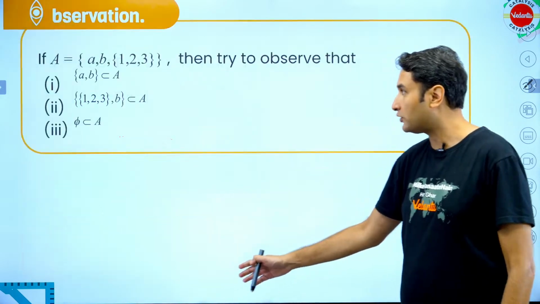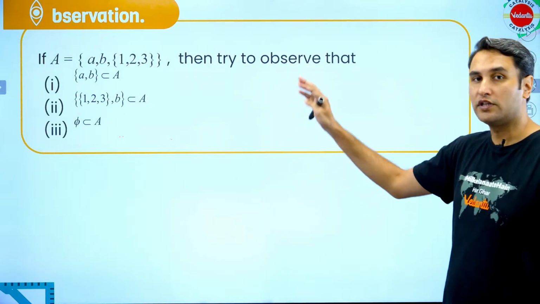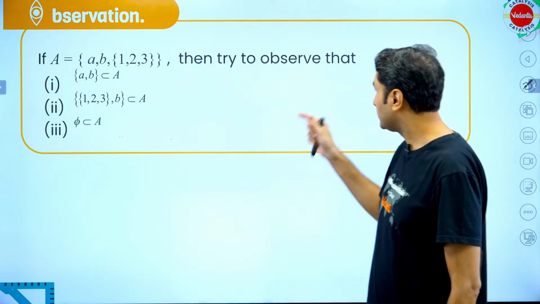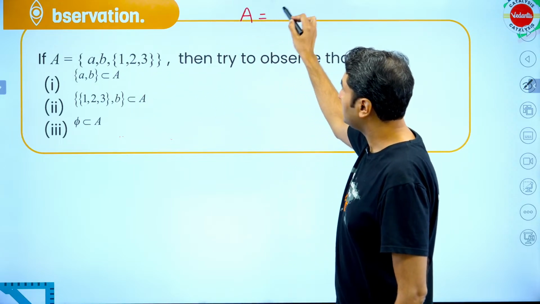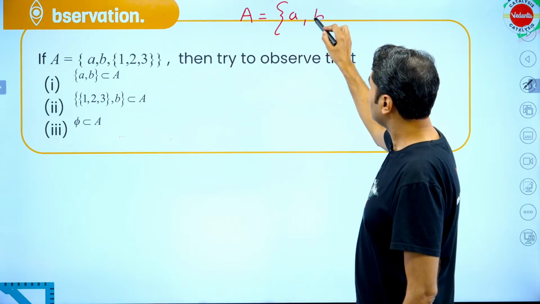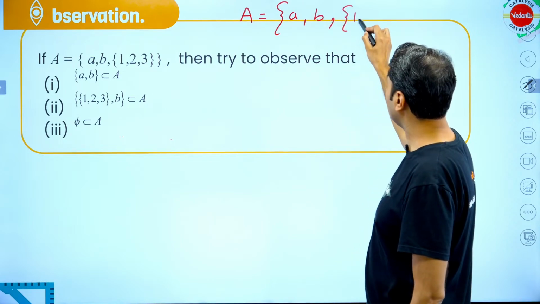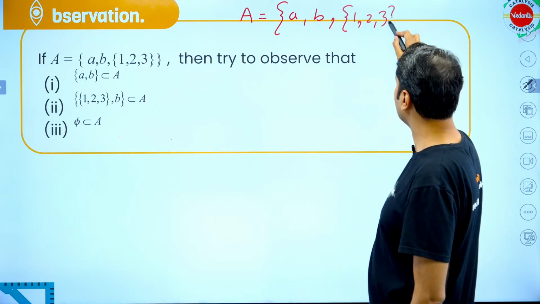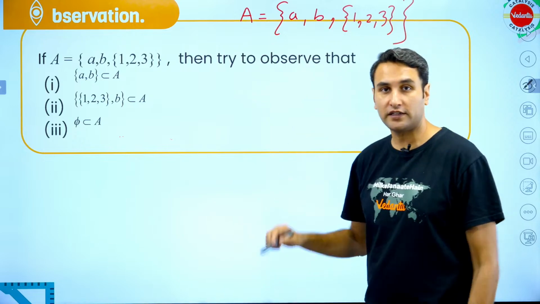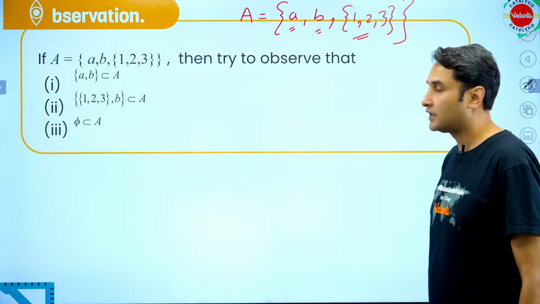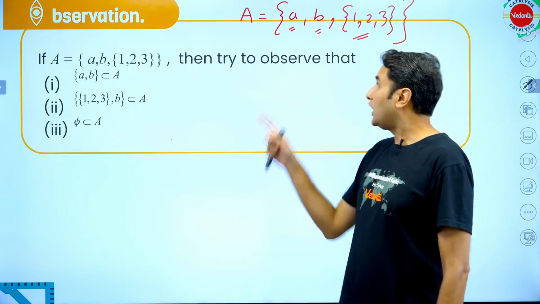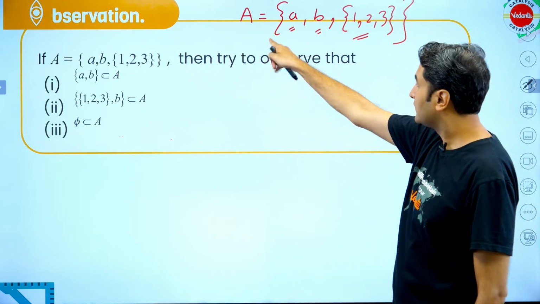So these three are very important, and these three lead us to the creation of certain problems. For example, if there is a set A, with elements a, b, and the third element {1, 2, 3} in curly brackets. How many elements are there? 3. Element 1, element 2, element 3. Now, how will you write the subsets of A?